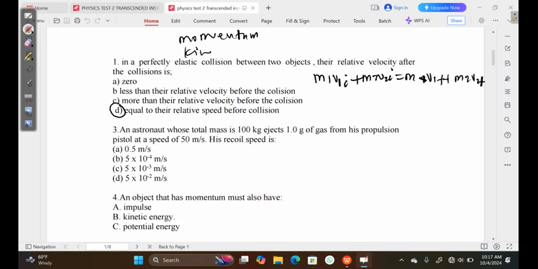3 is saying an astronaut whose total mass is 100 kg ejects 1.0 grams of gas from his propulsion pistol at a speed of 50 meters per second. His recoil velocity is. Now, I'm going to give you a scenario where you have got a gun.